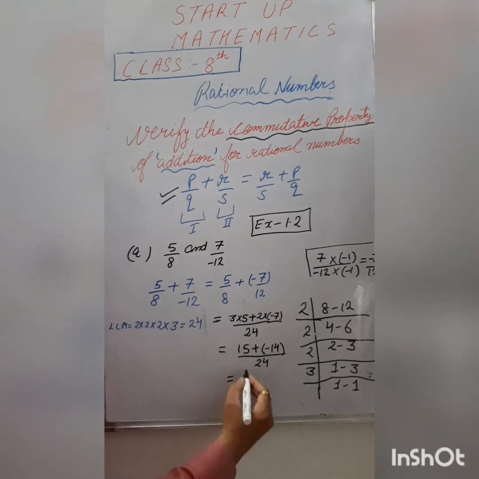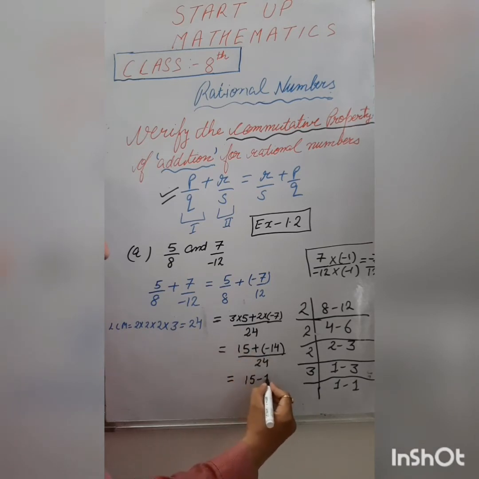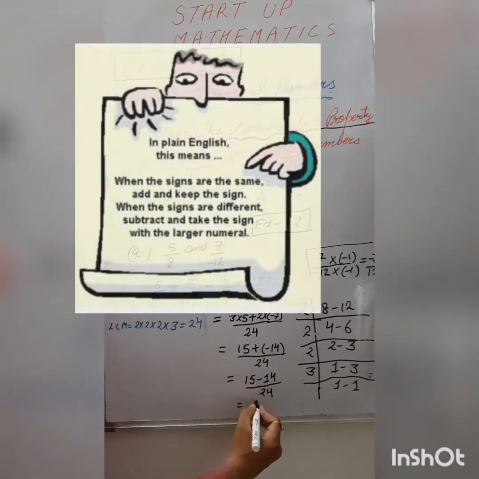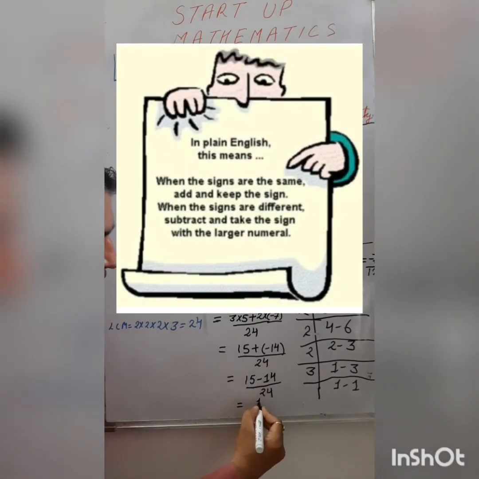Right? Now here 15 plus minus 14 over 24. Solve it: 15 minus 14, it is 1 upon 24.